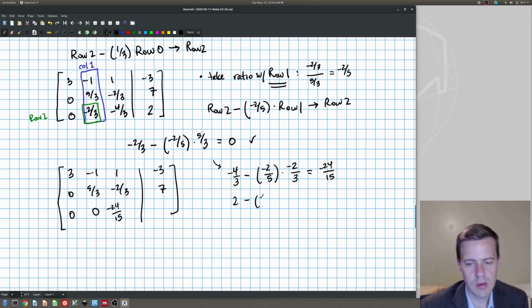I have 2 minus negative 2/5 multiplied by this one right there, 7. Now I have the same issue here. So this is going to be 10/5. 10/5 plus 14/5 is going to give me 24/5. So this will be 24/5 right there. So that concludes, this is the end of step 1. Right there. I have my upper triangular matrix.